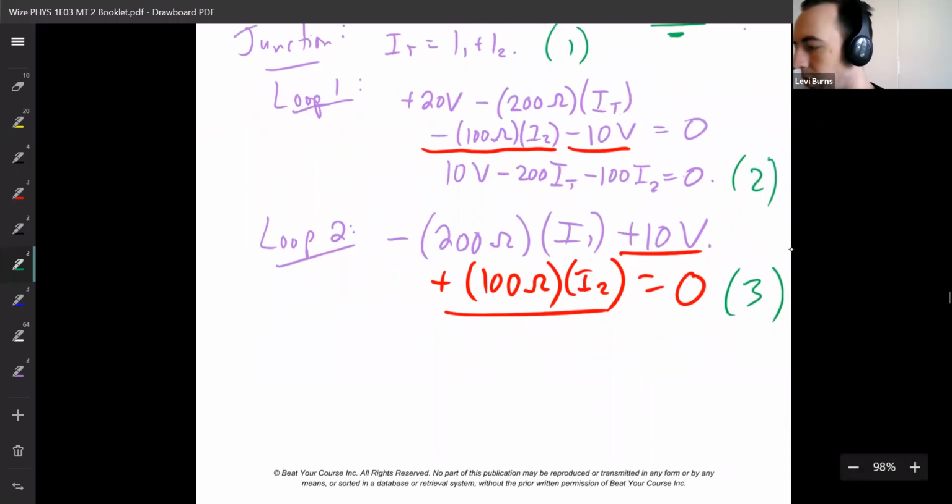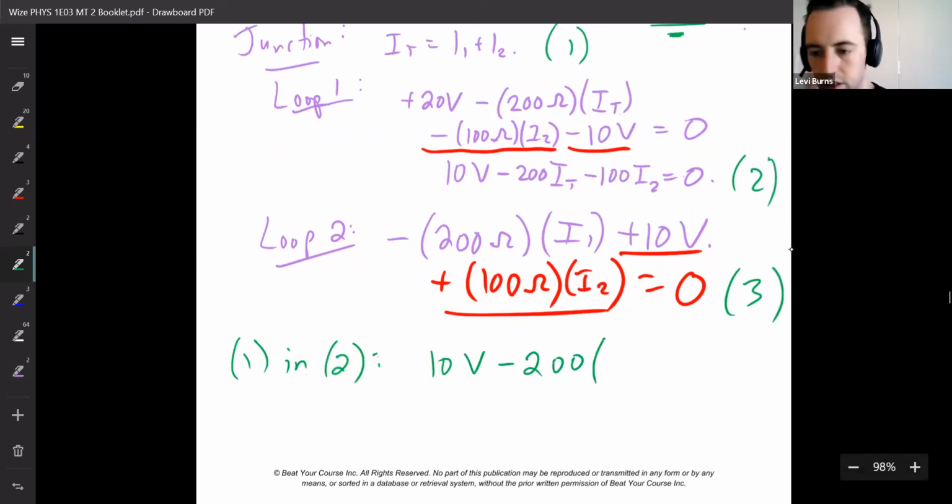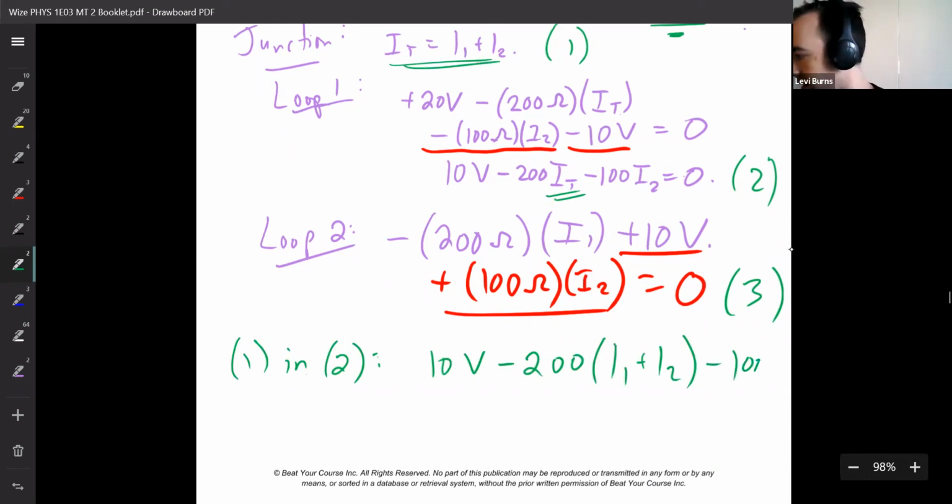So let me just show you one way of doing it. Put equation 1 in 2, do a substitution. So you get 10 volts minus 200, and we're going to replace I total with I1 plus I2. So we're replacing this with the first equation, minus 100 I2. That's equal to 0. This can be simplified a bit.